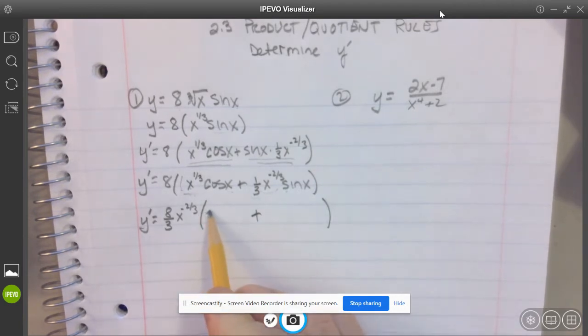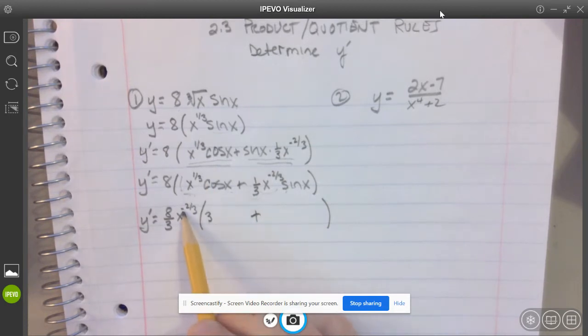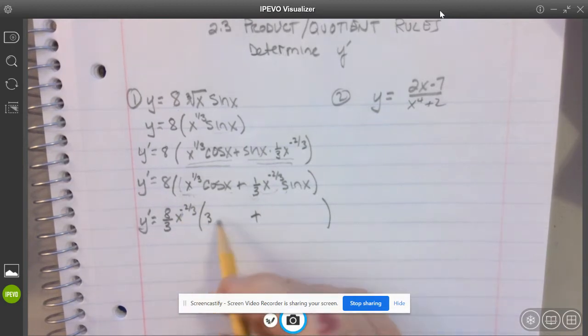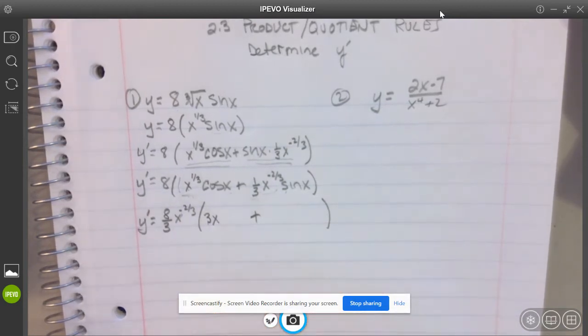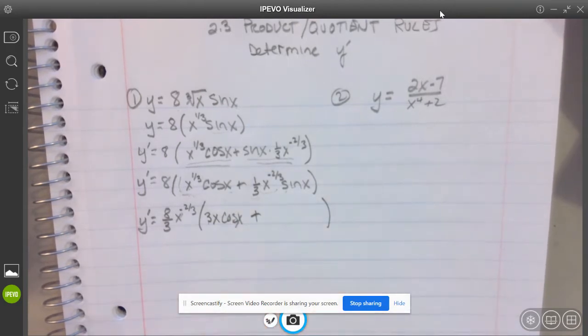So that would be 3. 3 times 1 is 3. We factor out an x to the negative 2/3. So to figure out what's left with this exponent, we have to subtract the negative 2/3 from it, or add a positive 2/3. 1/3 plus 2/3 is 1. So it's x to the first. So that's what's left over for the first term.